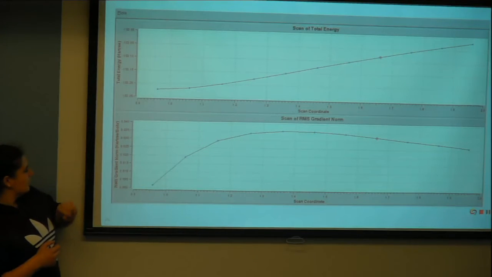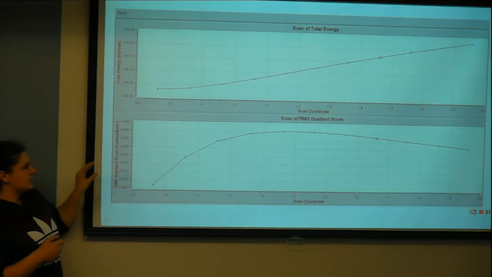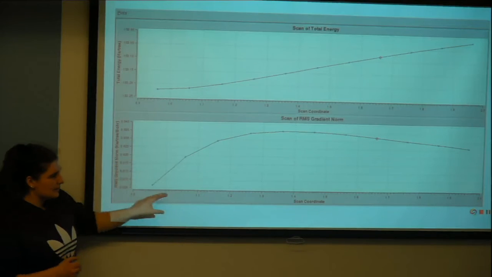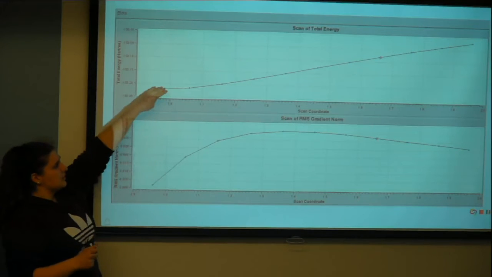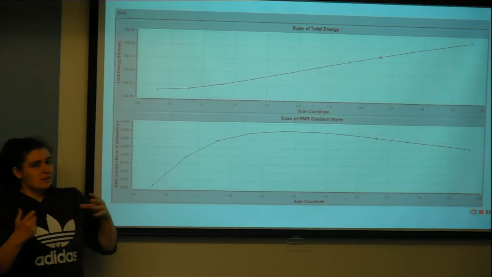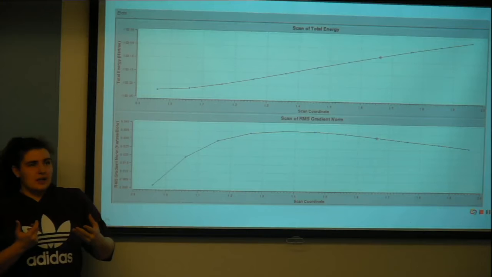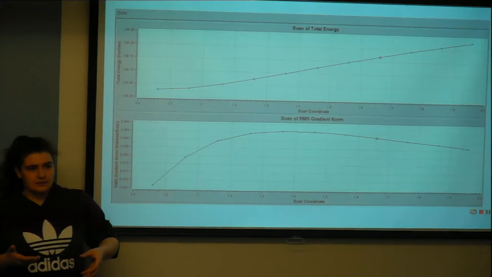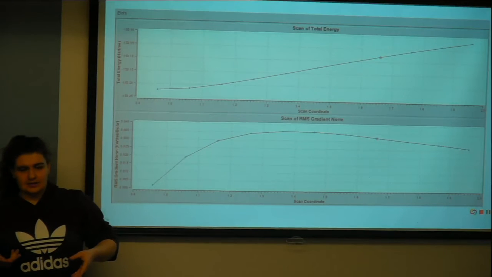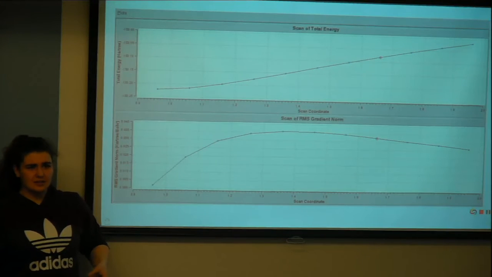And this graph is the root mean squared gradient, which basically just shows us how this potential energy surface behaves. So it's like a differentiation. Does it make sense?